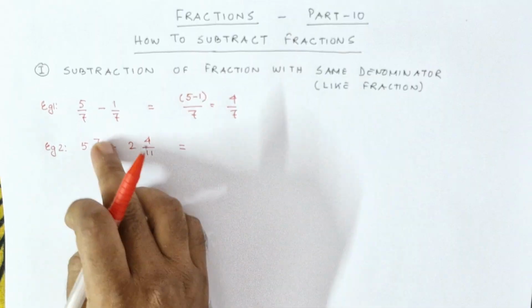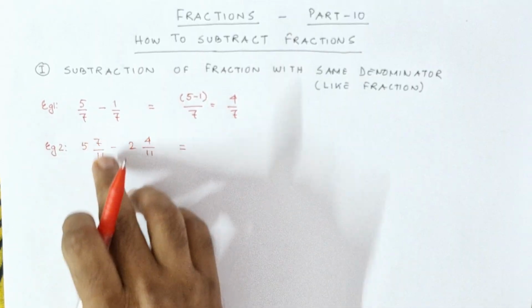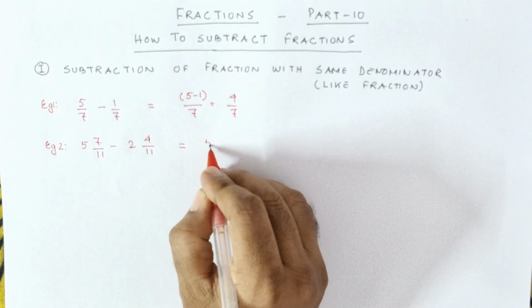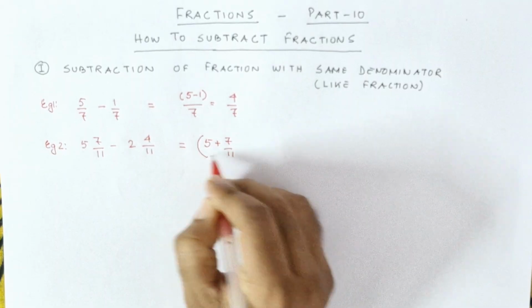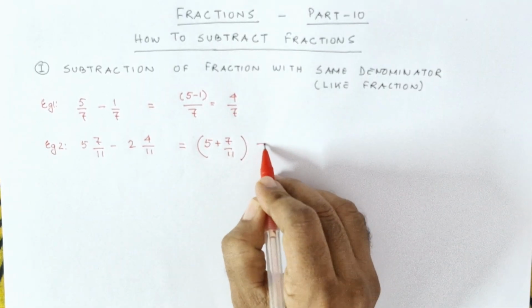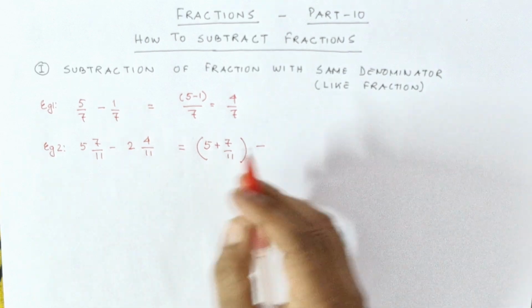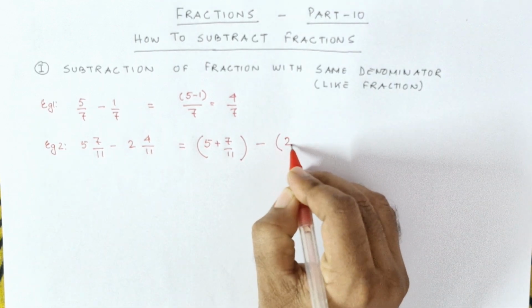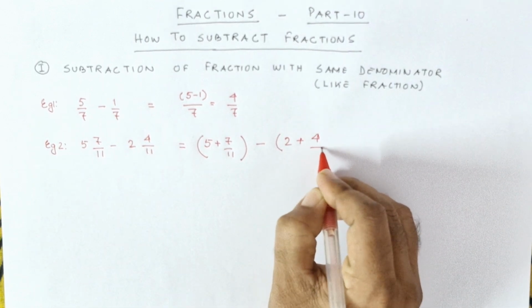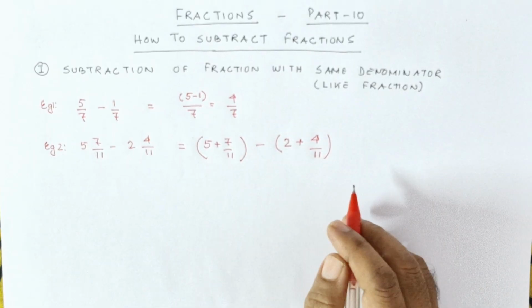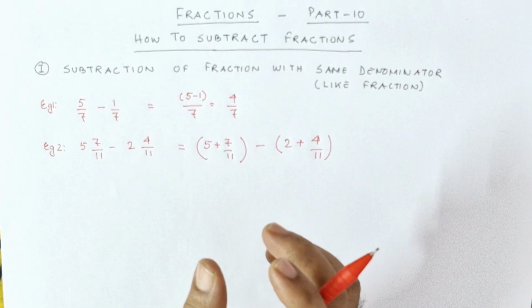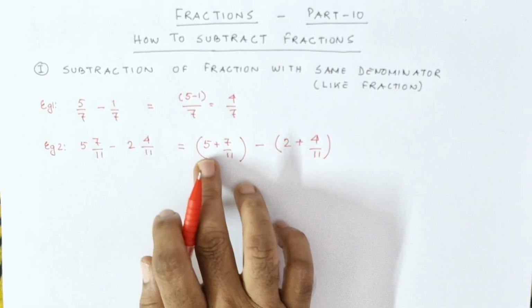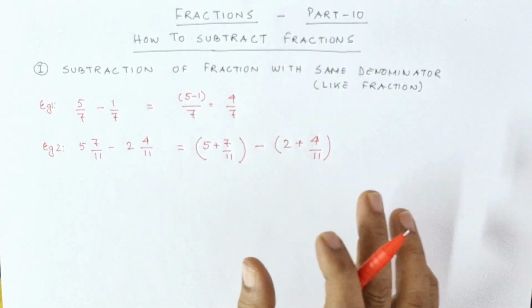Subtract the whole and the fraction individually. So what you need to do? See, 5 whole 7 by 11 can also be written as 5 plus 7 by 11, right? Minus 2 whole 4 by 11 can also be written as 2 plus 4 by 11, right? So see, next what to do? Subtract the whole and the fractional parts individually.